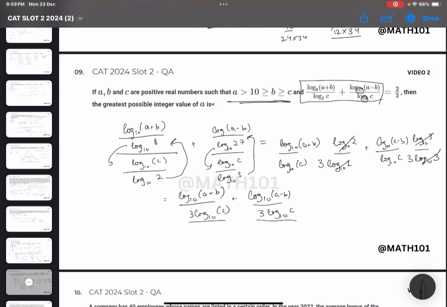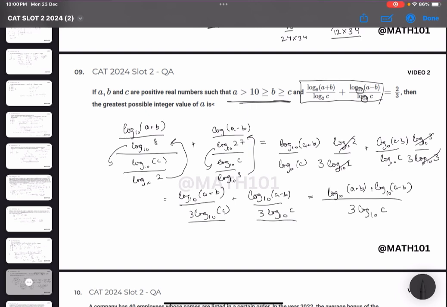The denominator is same, so we can just add the numerators. We will get log base 10 A plus B, log base 10 A minus B, upon 3 log base 10 C.